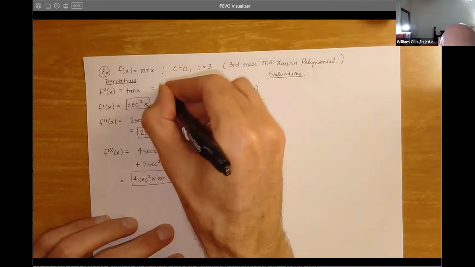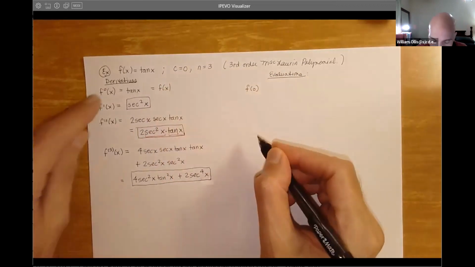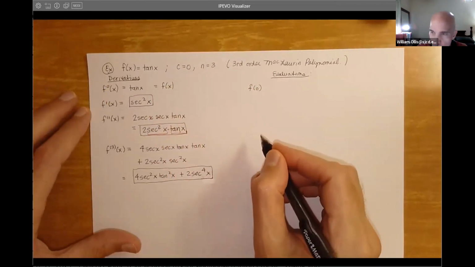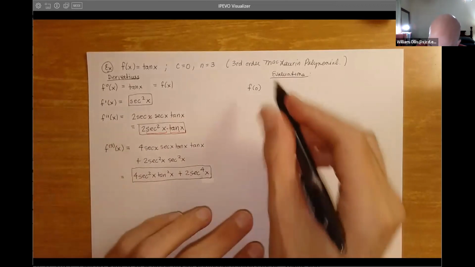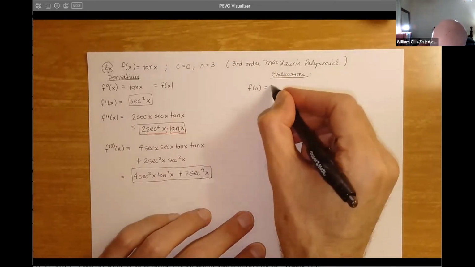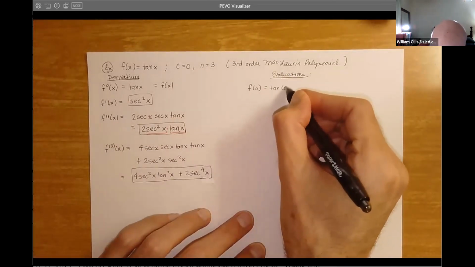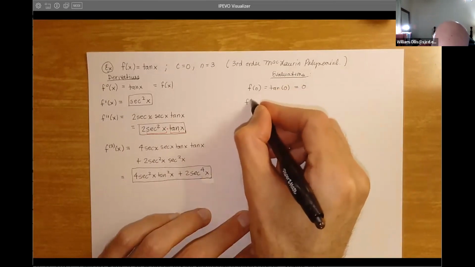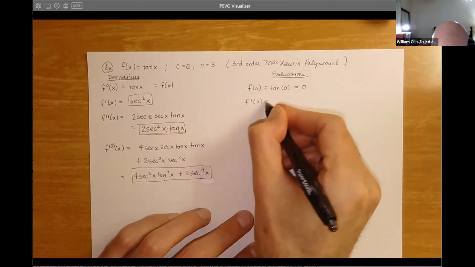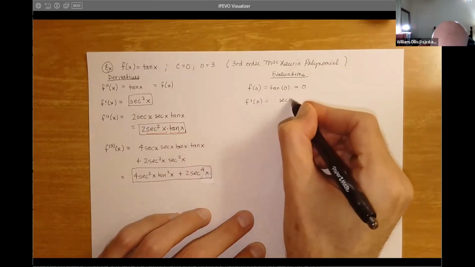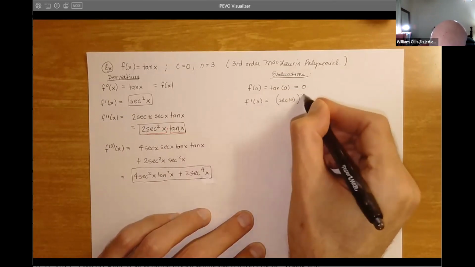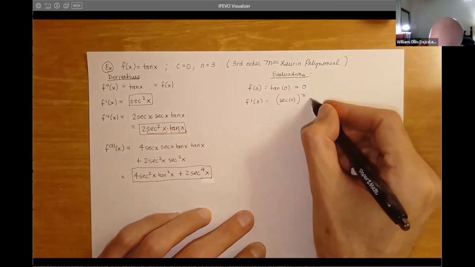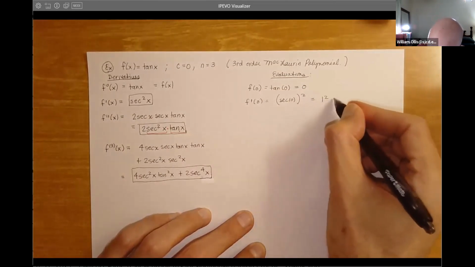I'm just writing this down because if you ever see this, you won't think it means 1, okay? So now f of 0 is tangent of 0, which is 0. And then f prime of 0 will be secant of 0, quantity squared. Of course, secant of 0 is 1, so that's 1 squared, which is 1.